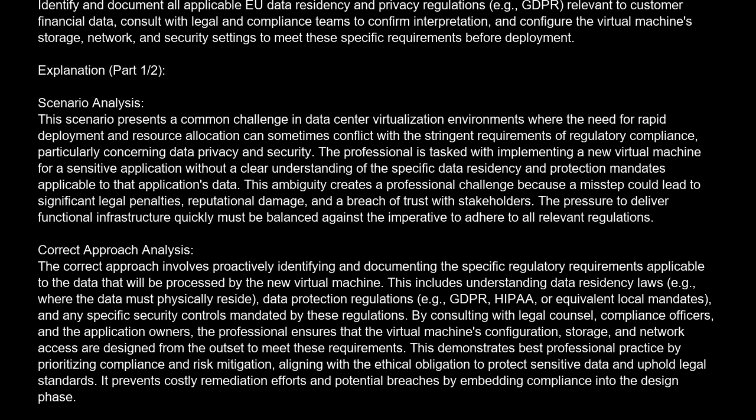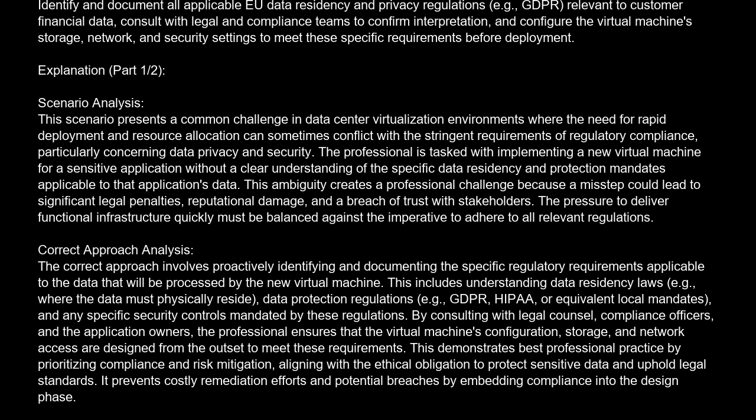By consulting with legal counsel, compliance officers, and the application owners, the professional ensures that the virtual machine's configuration, storage, and network access are designed from the outset to meet these requirements. This demonstrates best professional practice by prioritizing compliance and risk mitigation, aligning with the ethical obligation to protect sensitive data and uphold legal standards.